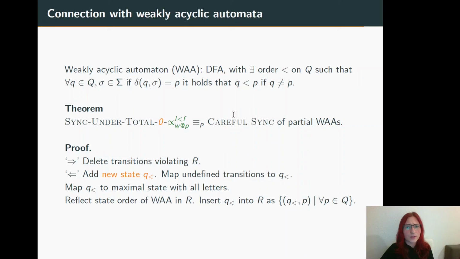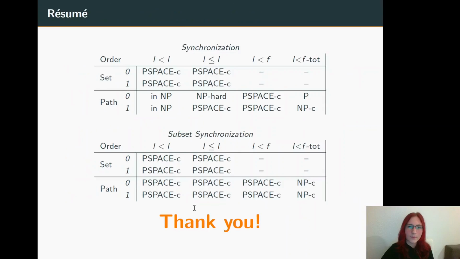And also, if we consider subclasses of automata, the careful synchronization variant also remains hard, in most cases PSPACE-hard, in others it drops to NP-hardness, but no subclass that I'm aware of has a polynomial careful synchronization problem, but now we found one with the weakly acyclic automata.